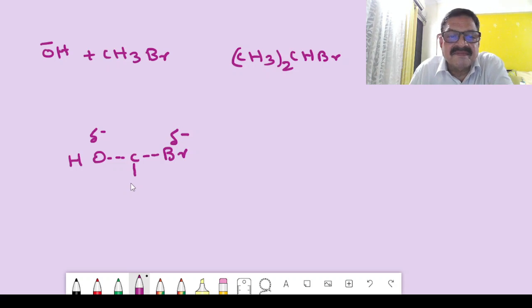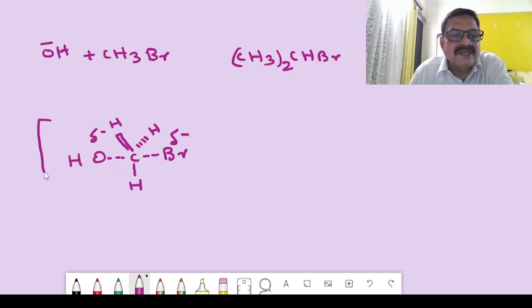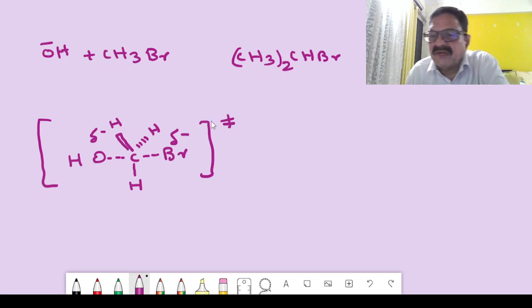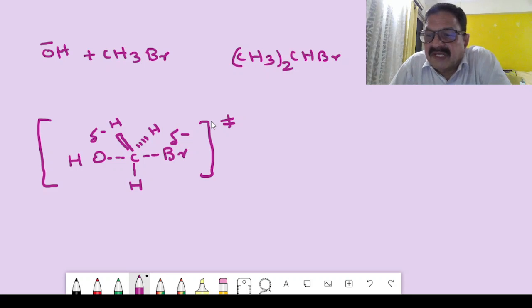Then there is CH3, with one hydrogen above the plane and one below the plane. So this is the transition state. It is not a crowded one, and the central carbon atom is not crowded. Less crowded transition state, therefore the reaction will be faster and the energy will be lower.